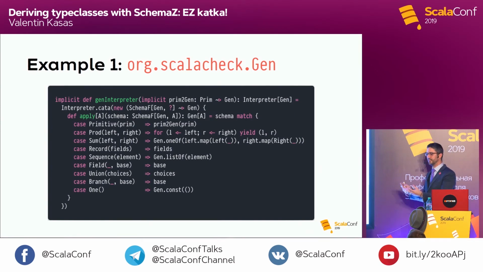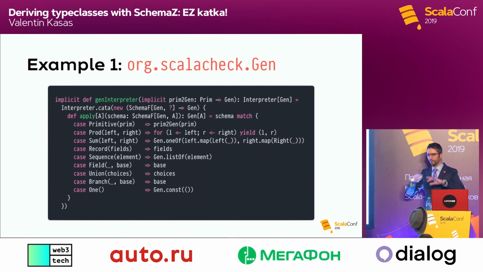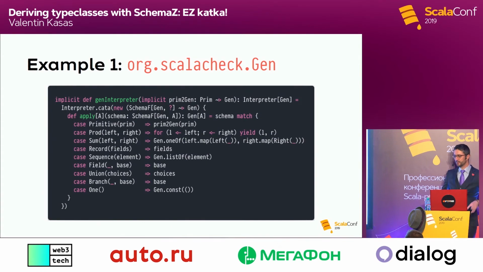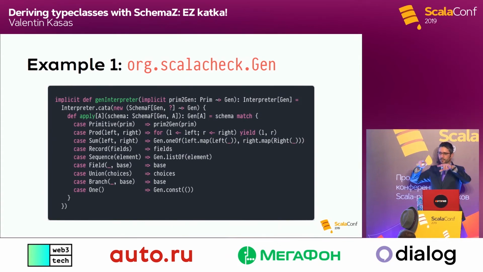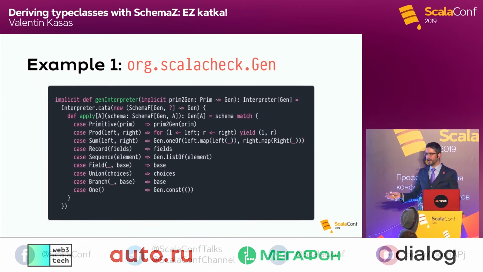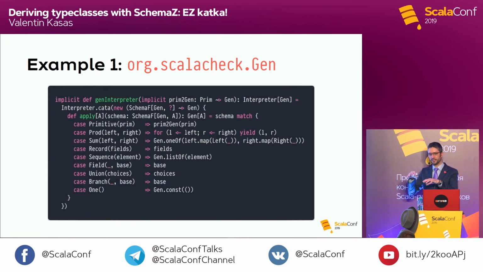What will happen is that when you apply that to a schema, the recursion scheme part will go all the way to the leaves of your schema, generate the primitives, because on the leaves you have primitives or units, and then it will climb back up by combining the smaller bits into bigger gens.